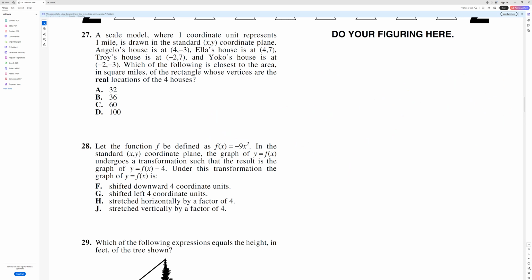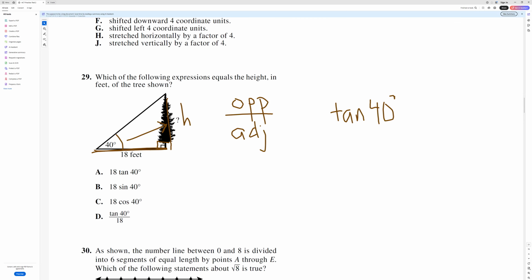Opposite over adjacent is the tangent of 40 degrees, right? So they're asking, what is the height equal to?